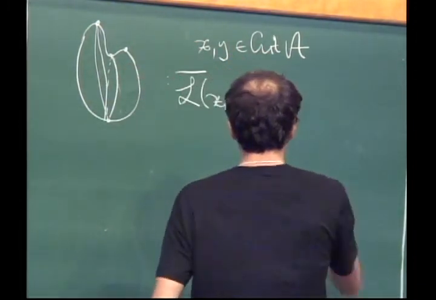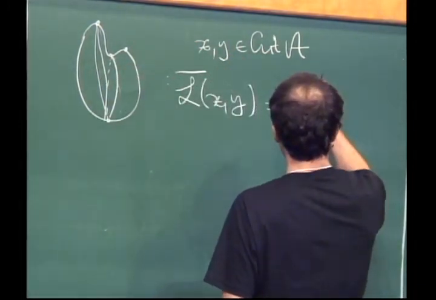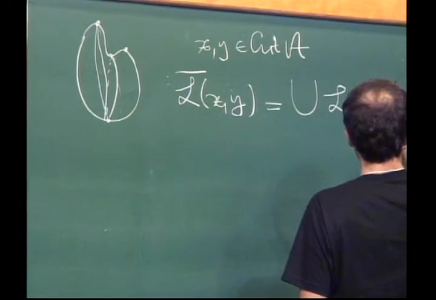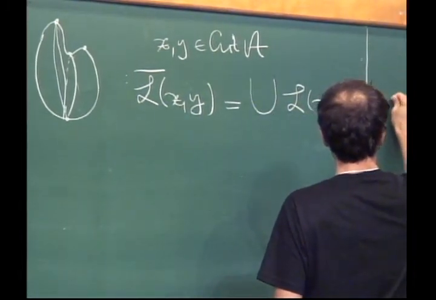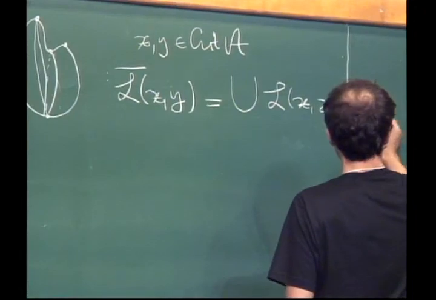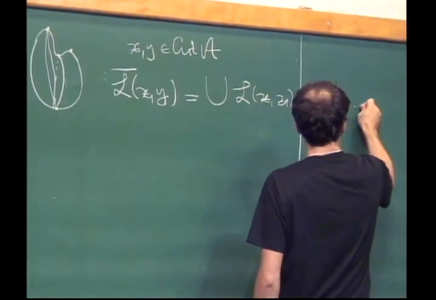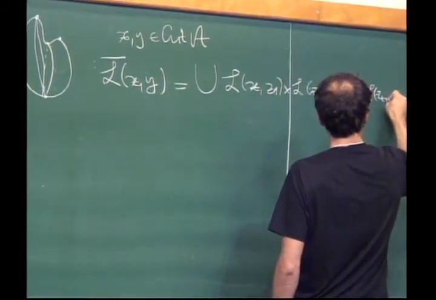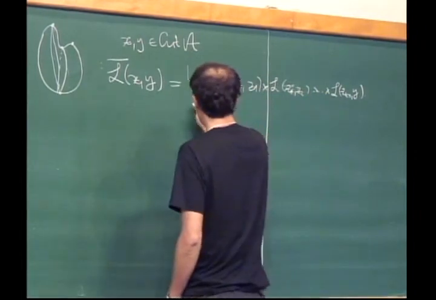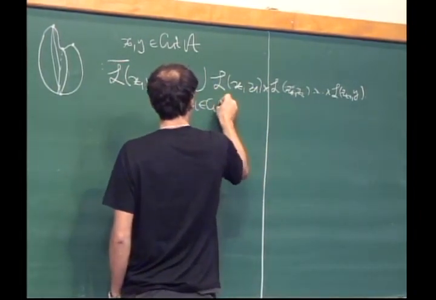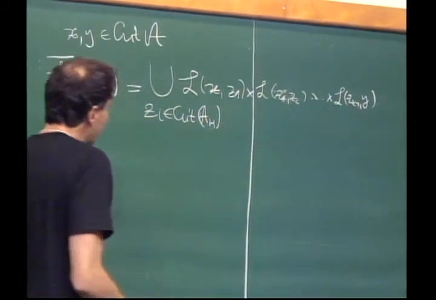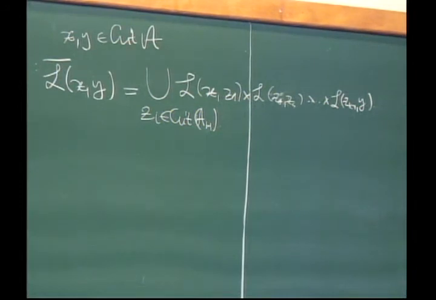So this is L-bar_{xy}, which is the union of L_{x z1} times L_{z1 z2} times ... times L_{z_{k-1} y}, say, where the z_i are critical. So these are broken trajectories from x to y, right?